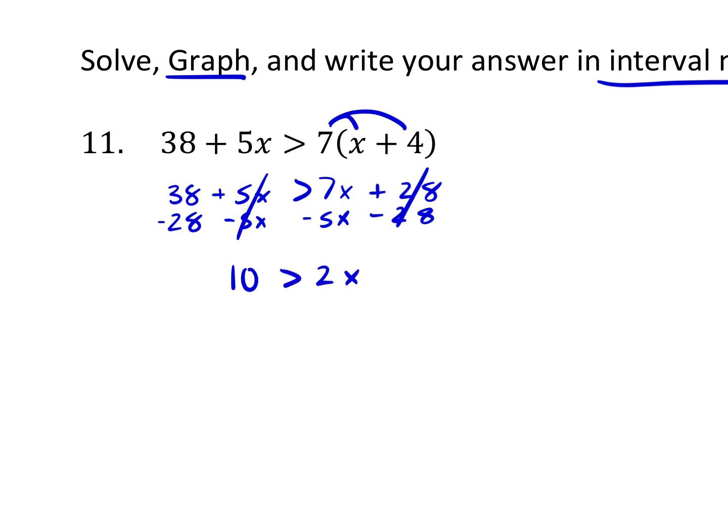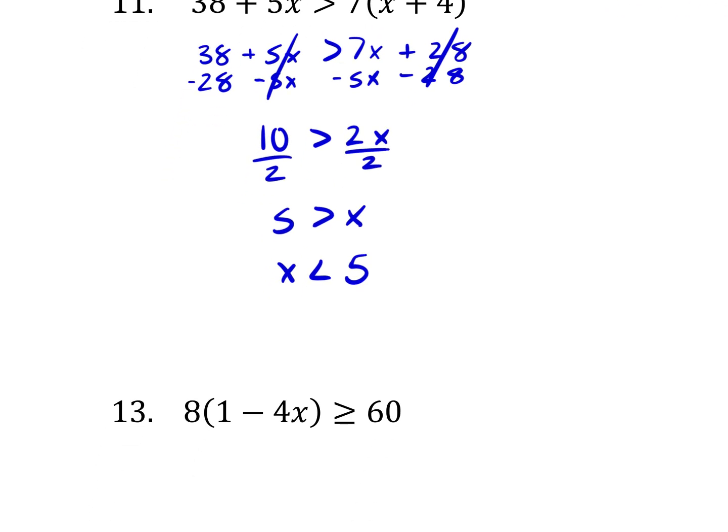What do we do next? Divide by 2. So 5 is greater than x. Or if you wanted to rewrite it, you could say x is less than 5. I usually like it when the x comes first, but it doesn't matter. It's just personal preference. So let's put it on a number line. So we need to put our key point, 5.